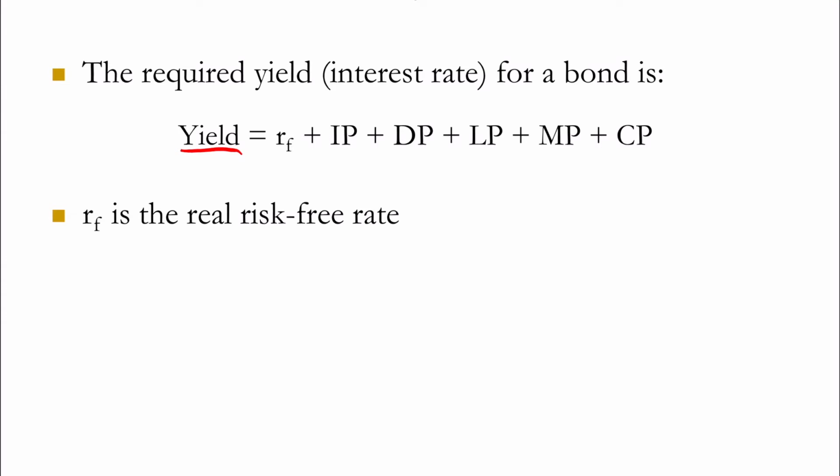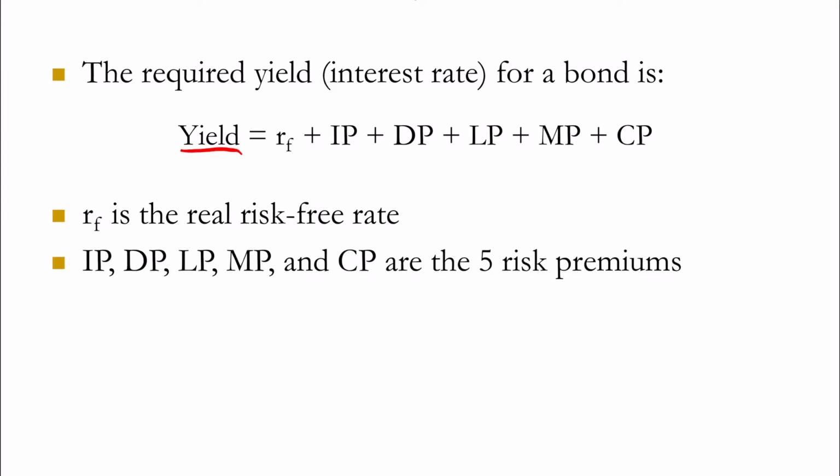This will be explained later in further detail, but your R sub F is your real risk-free rate. And then we have what are called risk premiums, extra returns that investors require, and there are 5 main ones: the inflation risk premium, the default risk premium, the liquidity risk premium, the maturity risk premium, and the callable risk premium if a bond is callable.